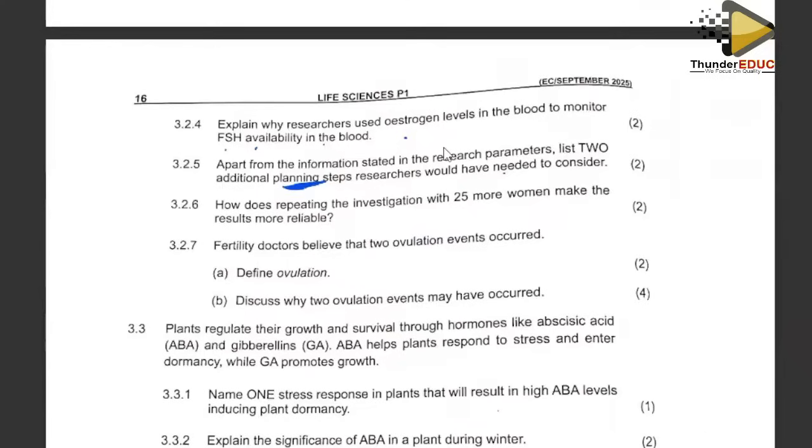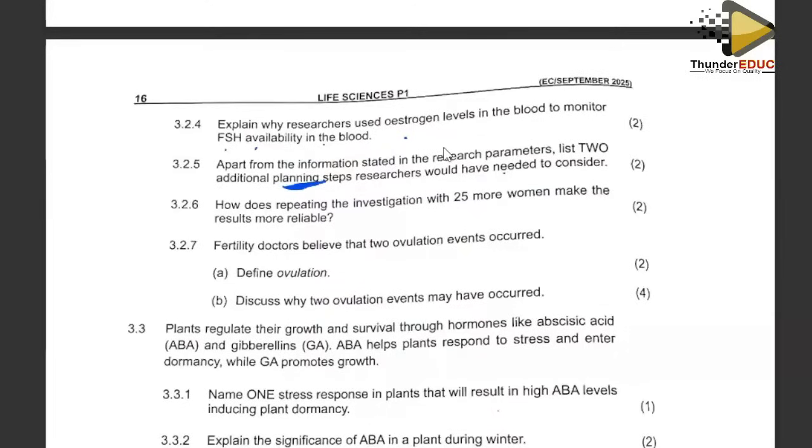How does repeating the investigation with 25 more women make the results more reliable?